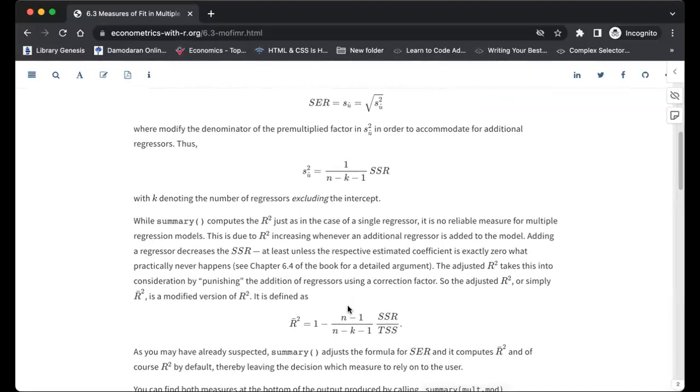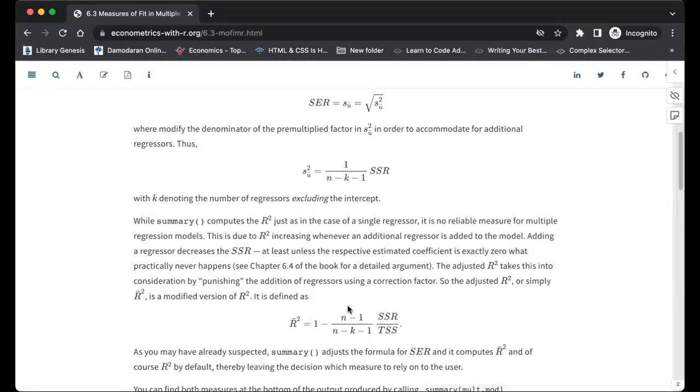So it also talks about the R and the R squared. In multiple regressions, we have discussed the R squared in the previous sessions. In a sense, in multiple regressions, we want to rely more on the adjusted R squared because it's more reliable. As we add more regressors, the R squared increases when an additional regressor is added to the model.